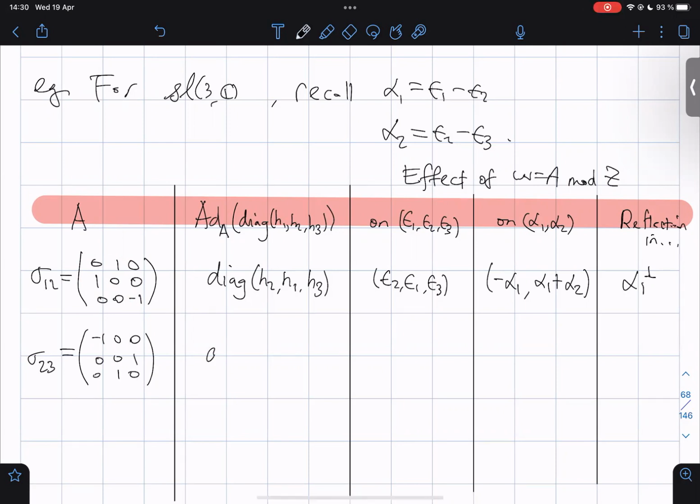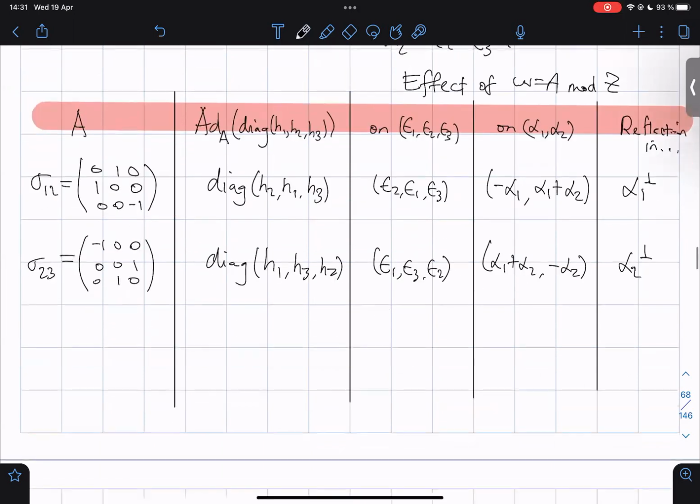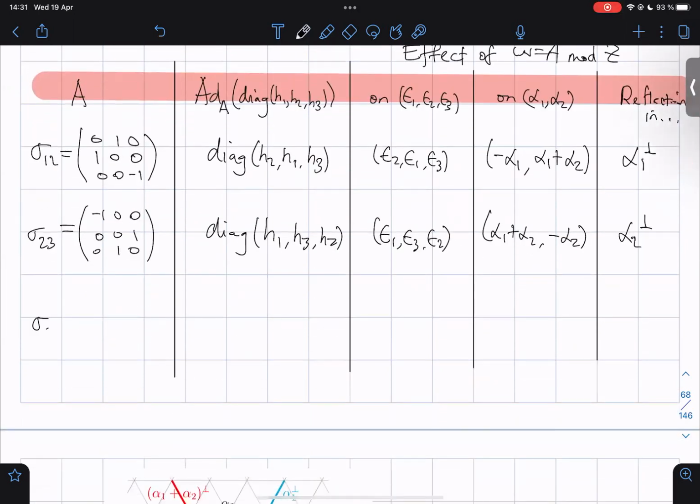So I'll just quickly write up this table. Here you're doing a swap in 2, 3. Similar sort of results. And lastly, sigma 1, 3.